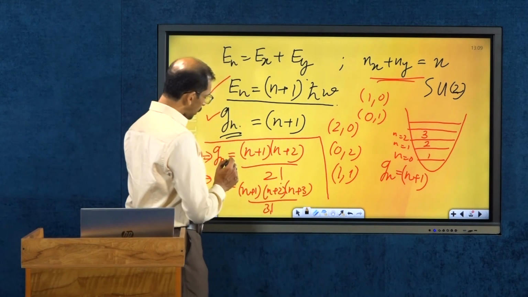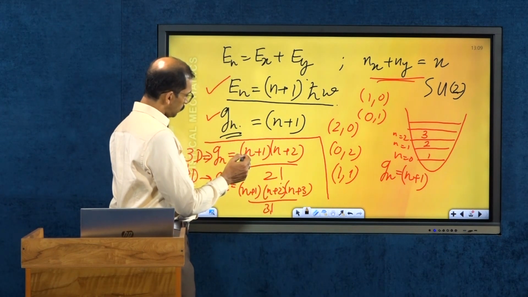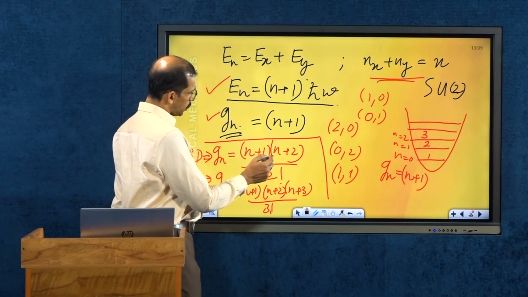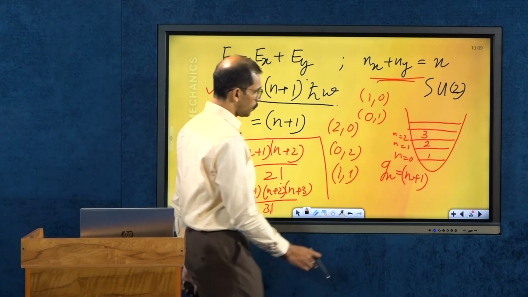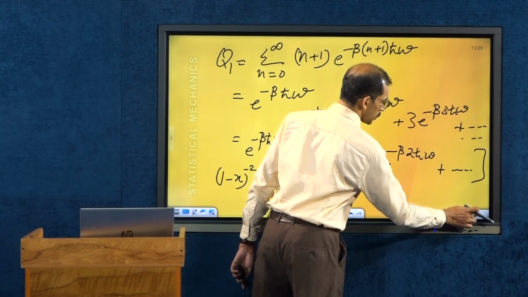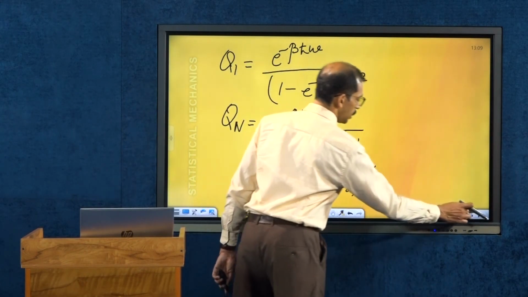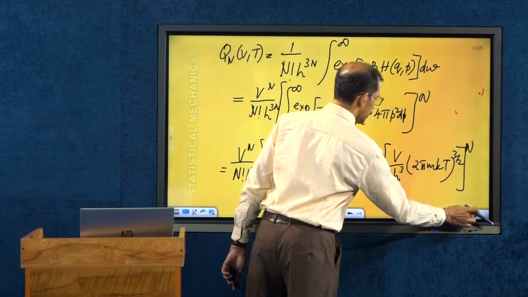In the case of the 3D harmonic oscillator, the expression was n plus 1 into n plus 2 divided by 2 factorial, right? What was the expression for that one? That was the case for the 3D harmonic oscillator partition function, right?